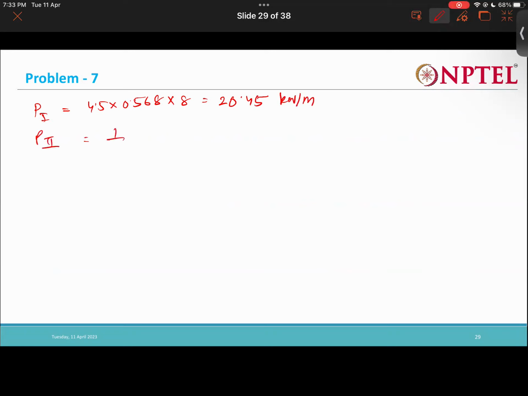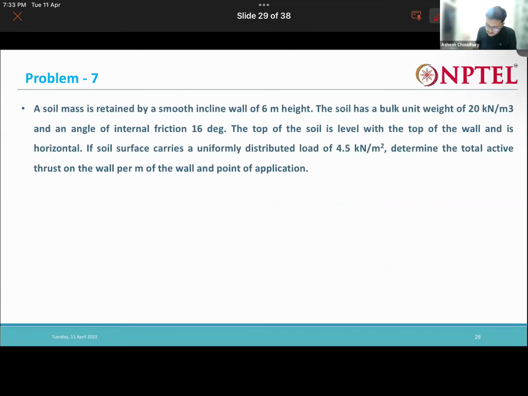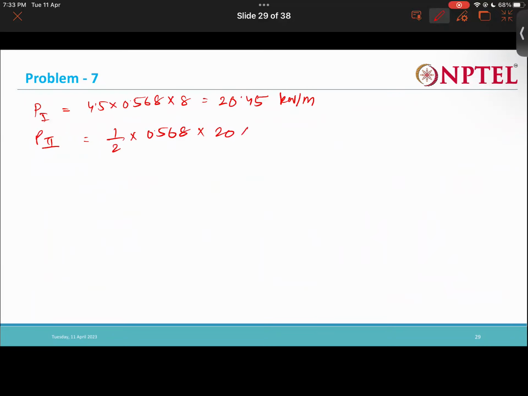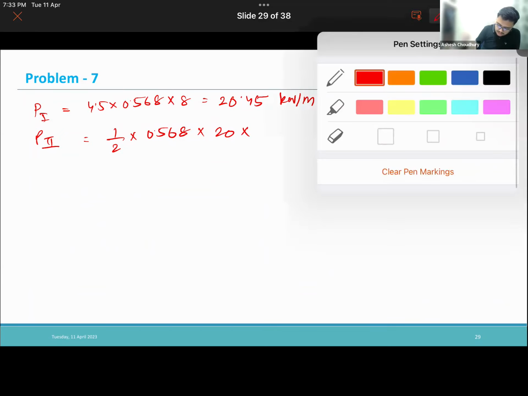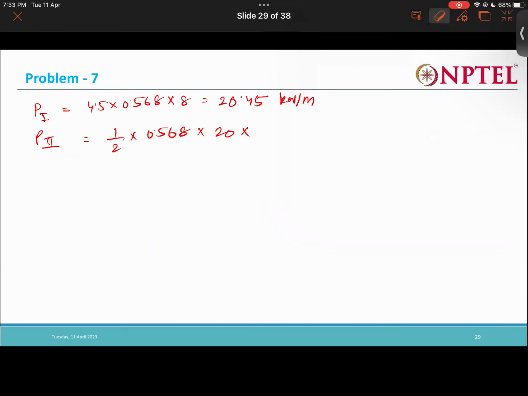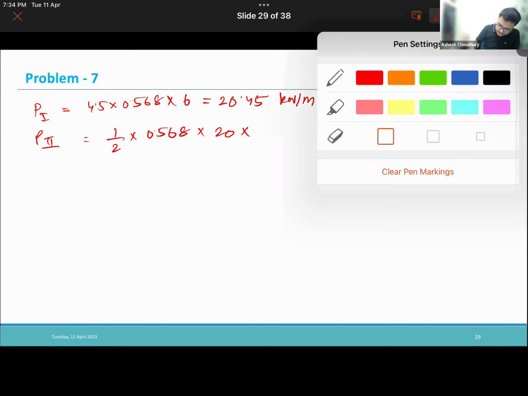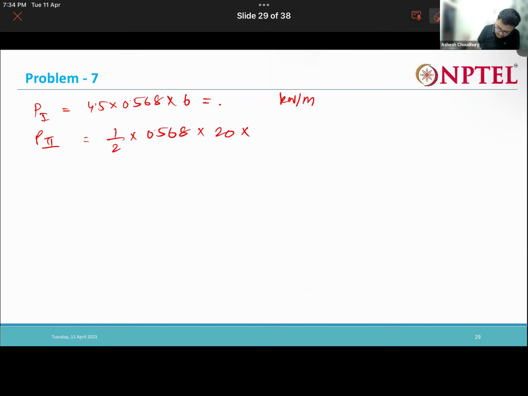And P2 will be half into 0.568 into gamma, gamma is 20, and that height must be 6 meter. So 15.33. And this 20 into how much? 6 square. How much will it be?